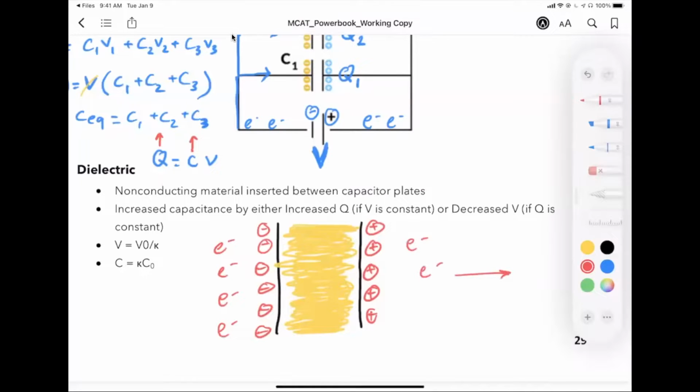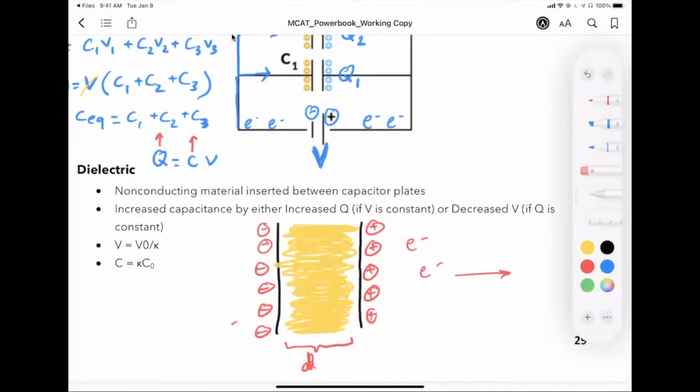Because that's essentially what's happening. They can't cross this gap, right? This is the separating distance, D. They can't cross this gap. And sometimes the dielectric allows for the movement of electrons, but that will depend on the dielectric constant, right?